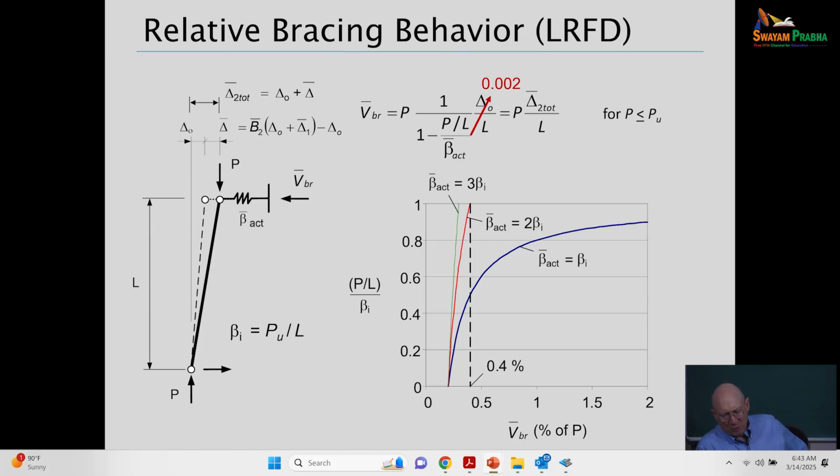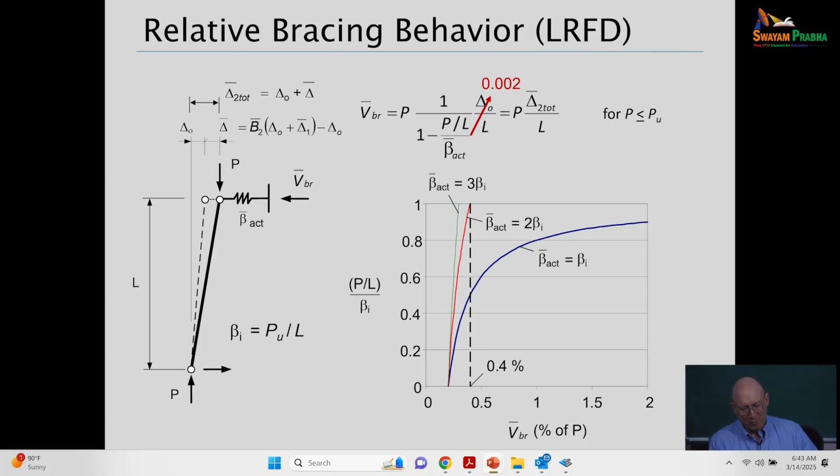But let's suppose we used beta bar actual equal to beta I instead, so beta I equals PU over L. If that's the case, then as we increase the axial force P, we can see from the equation above that the amplifier is going to become unbounded as we approach PU.